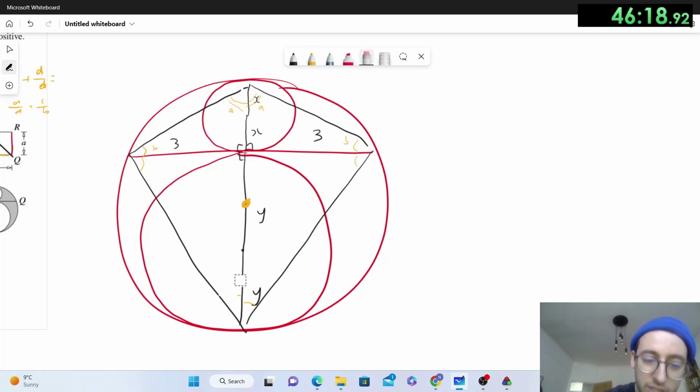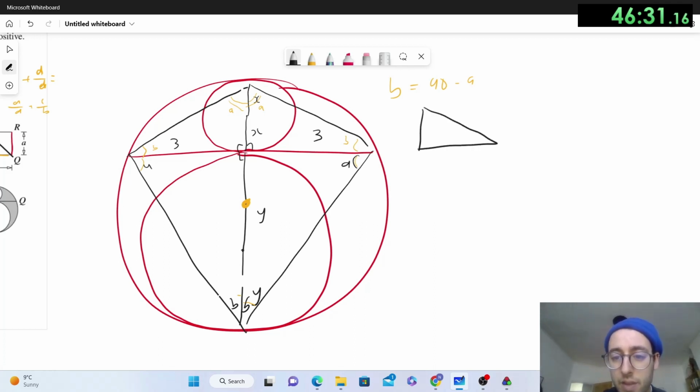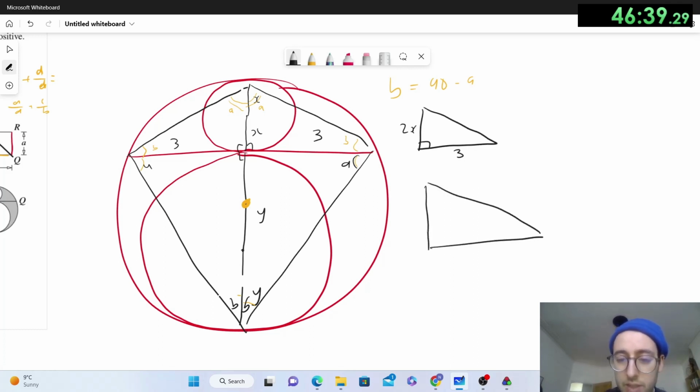There's similar triangles here. I just had to prove it to myself. B is 90 minus A, so this is B and this is B, which means this is A and this is A. So we've got similar triangles. This length is 2x. This length is 3. And this is 3 and this is 2y.